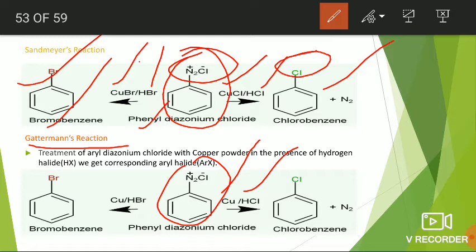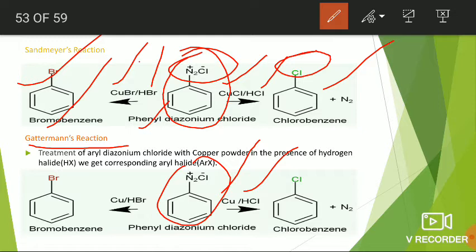Instead of cuprous halide, we take copper powder in the Gattermann reaction. In the Sandmeyer reaction it is hydrogen halide and cuprous halide, but in the Gattermann reaction it is hydrogen halide in the presence of copper powder.